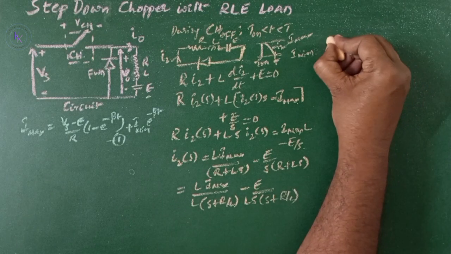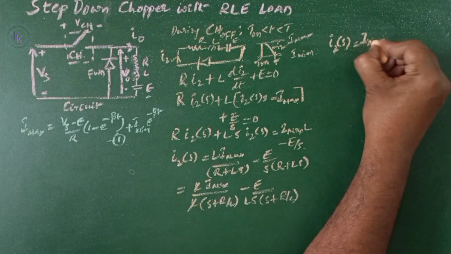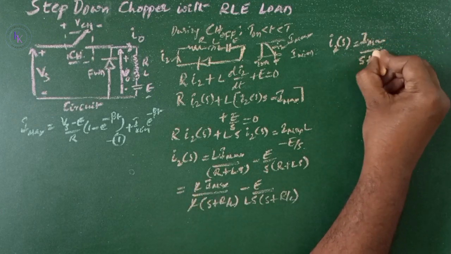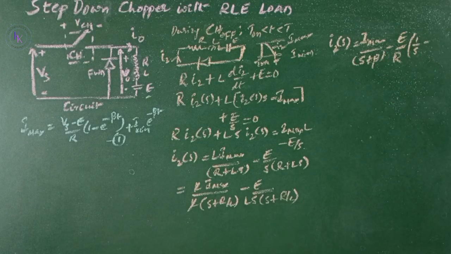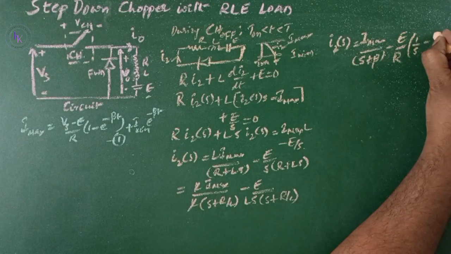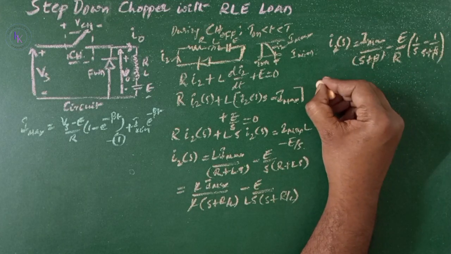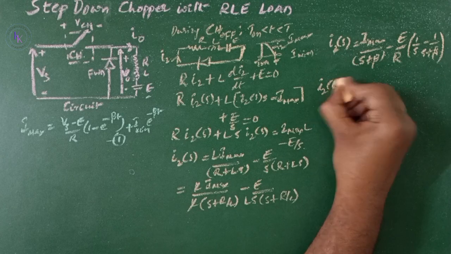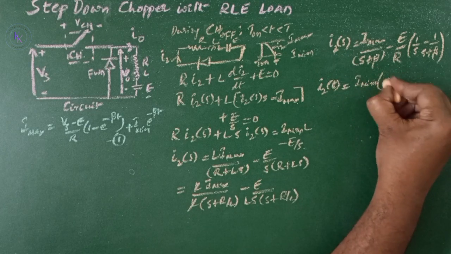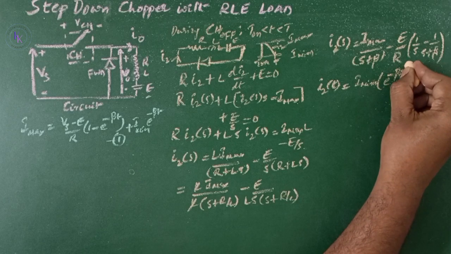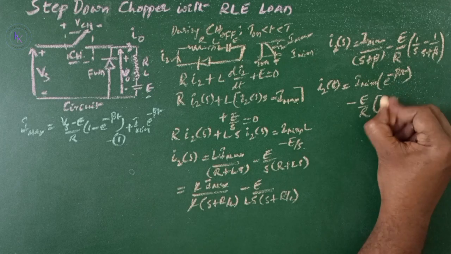Then this will become I2(s) = I max/(s + beta) − E/R of, after partial fraction, 1/s minus 1/(s + beta). Taking inverse Laplace transformation, I2(t) equals I minimum e^(−beta t) − E/R of (1 − e^(−beta t)), where 1/s is 1.